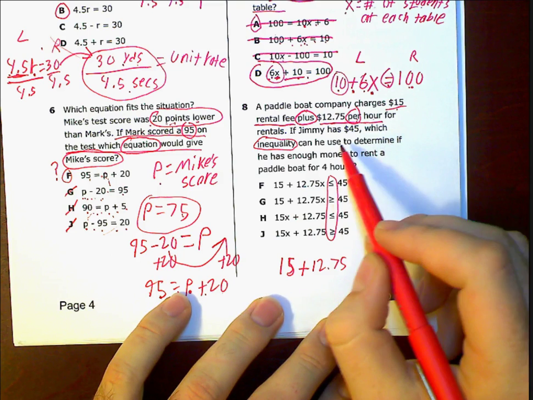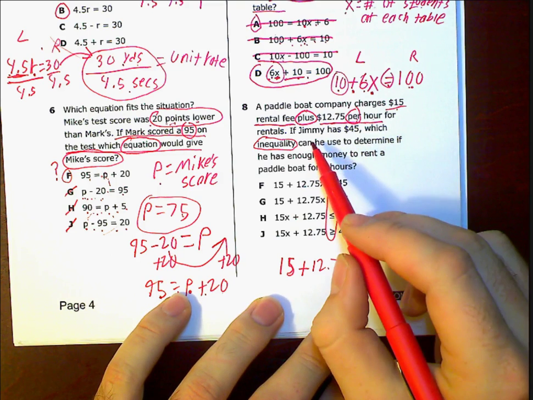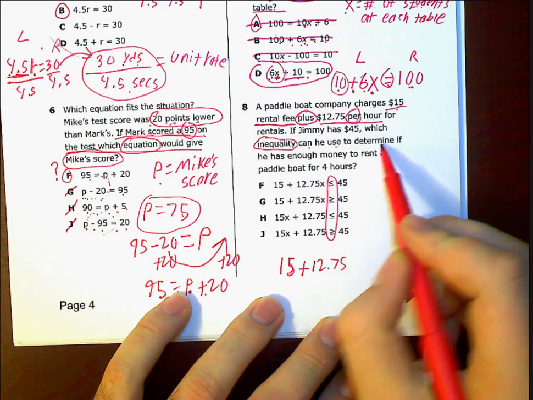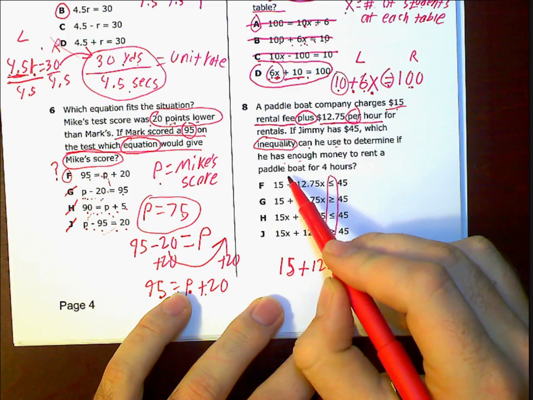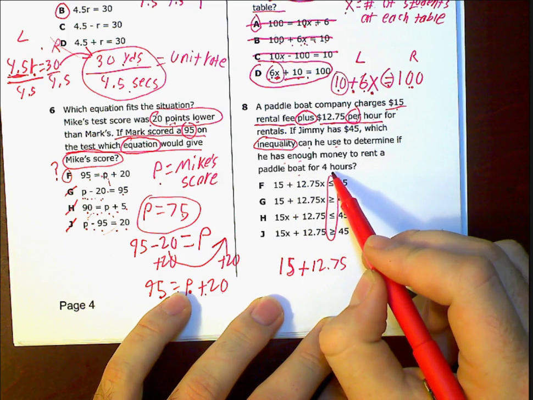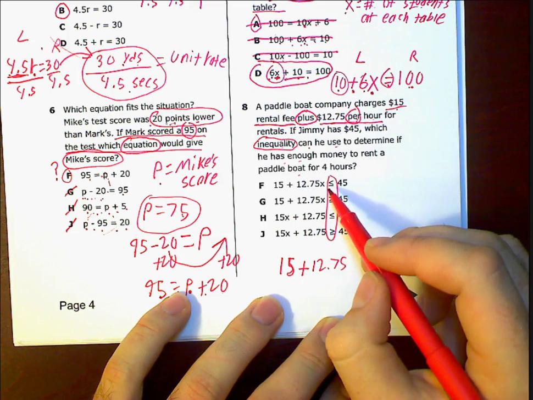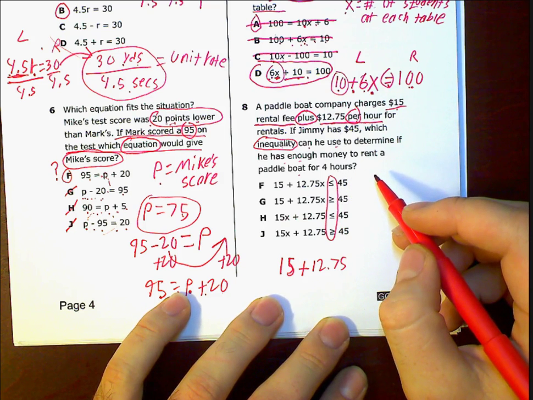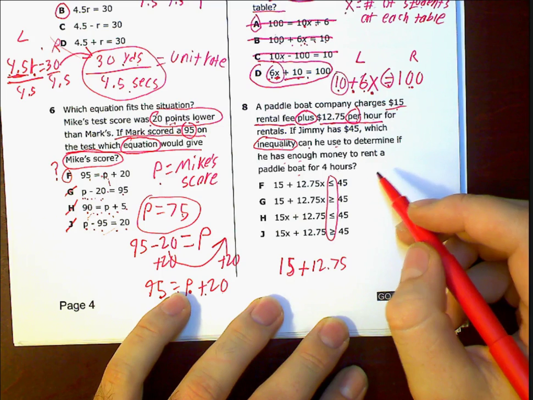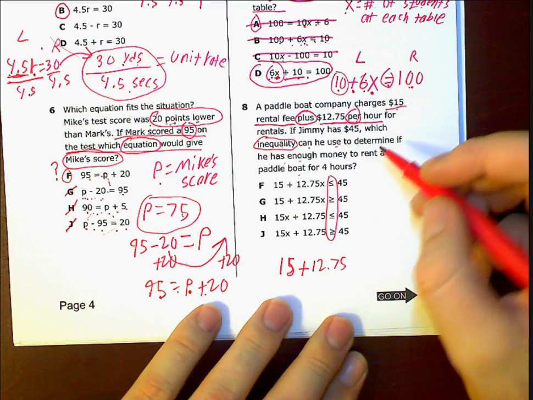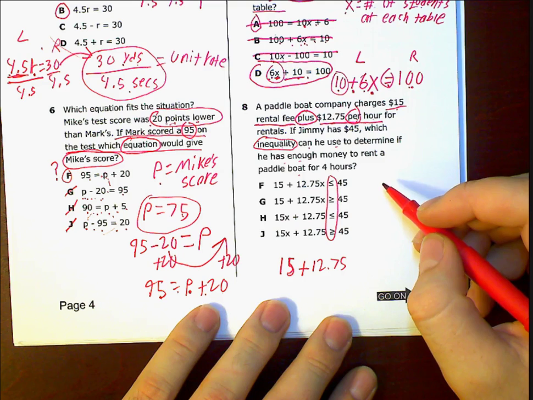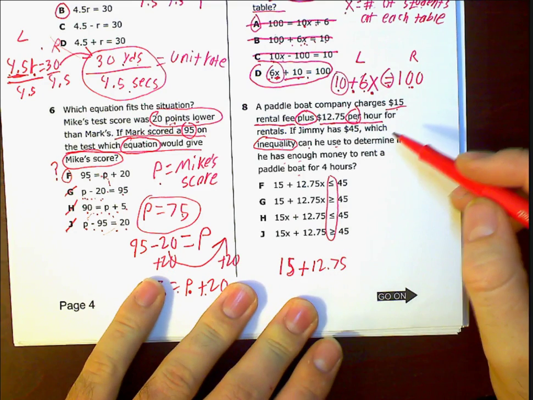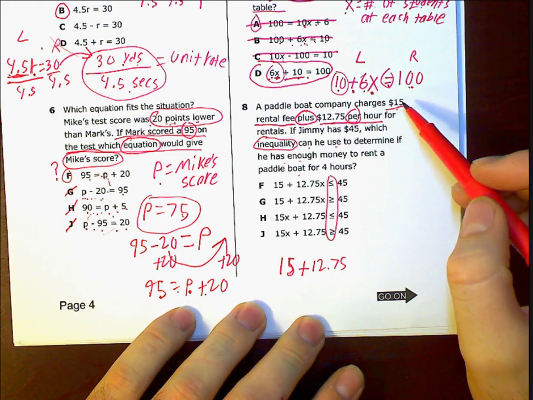And then let's see what our variable is supposed to mean. If Jimmy has $45, which inequality can he use to determine if he has enough money to rent a paddle boat for 4 hours? So it seems like x is going to be the number of hours. Also, another thing I noticed was that they gave us 4 numbers.